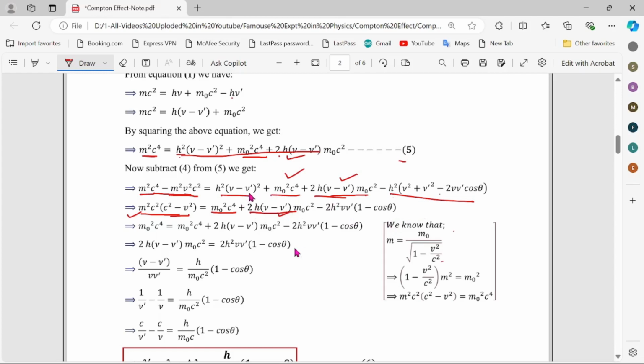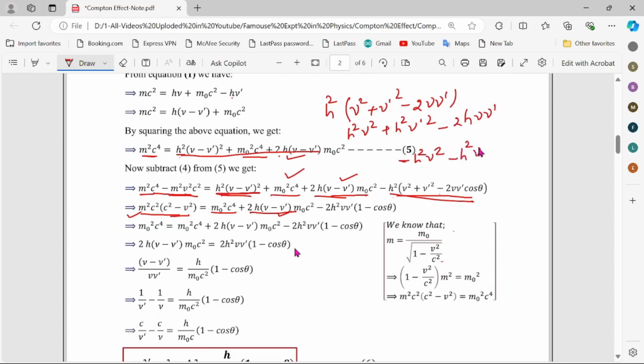Now consider this term, h square into mu minus mu dash whole square, it will be mu square plus mu dash square minus 2 mu mu dash. If I solve it, this will be h square mu square plus h square mu dash square minus 2h square mu mu dash. Then the other three terms are minus h square mu square, minus h square mu dash square, plus 2h square mu mu dash cos theta, right?